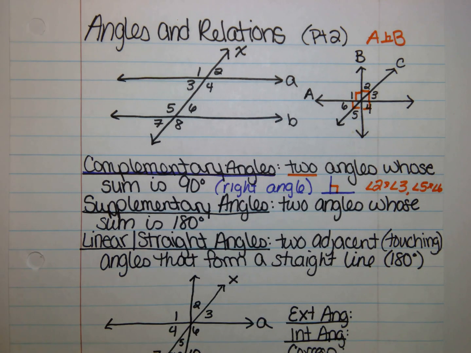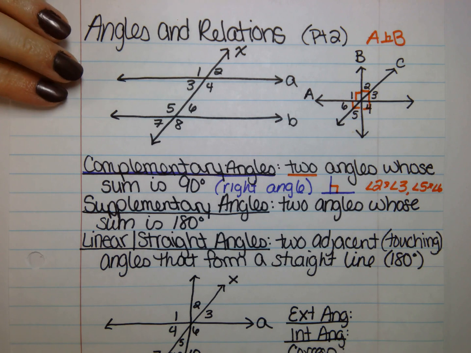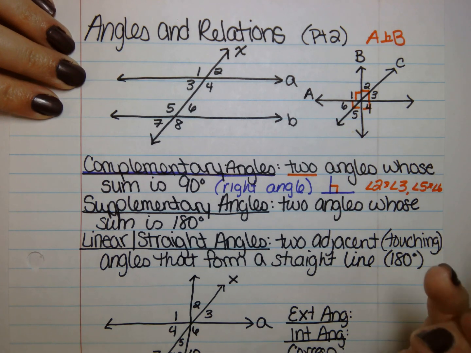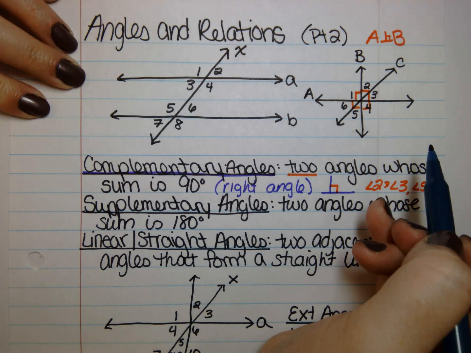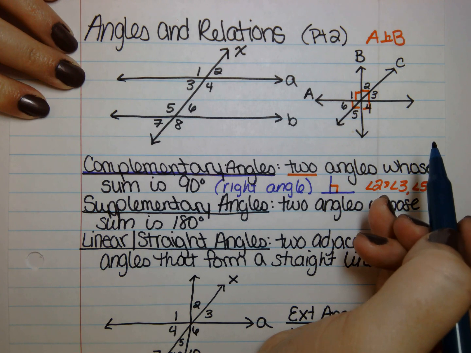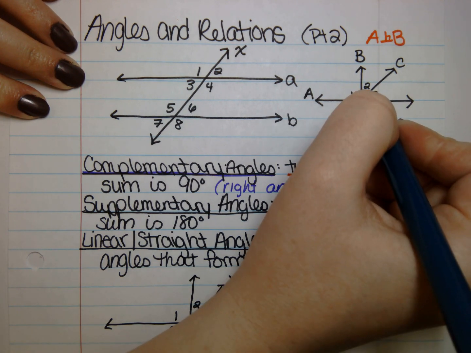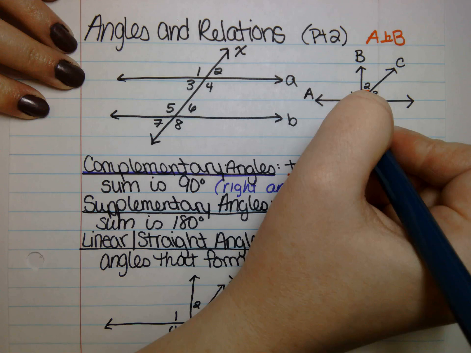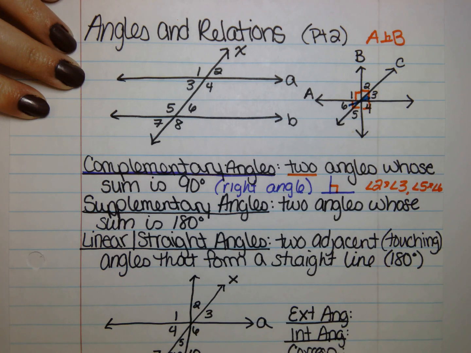In the previous lesson, we learned that vertical angles, angles that are directly opposite each other at an intersection, also have identical measures. Therefore, if I know that angle 3 and 6 are vertical angles, they have to have the same measure.